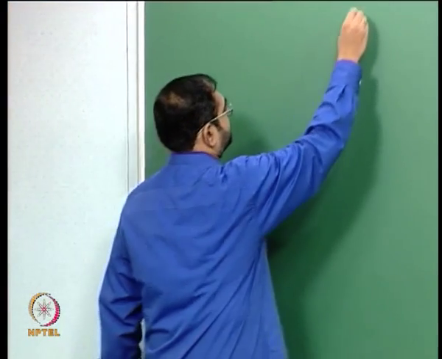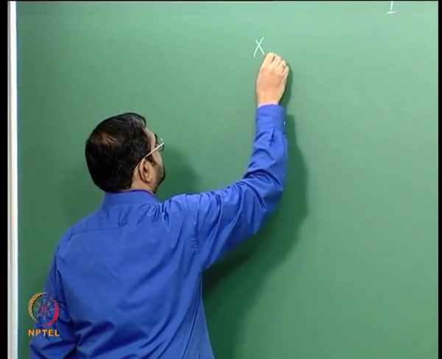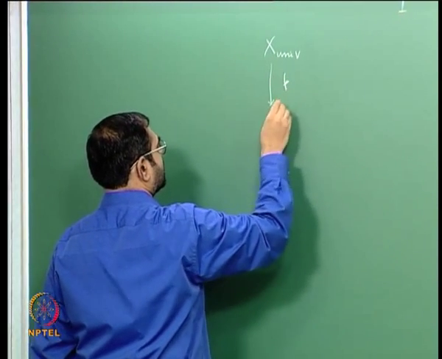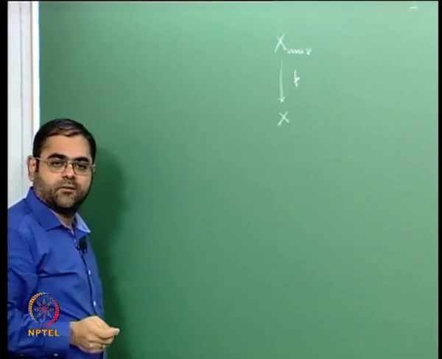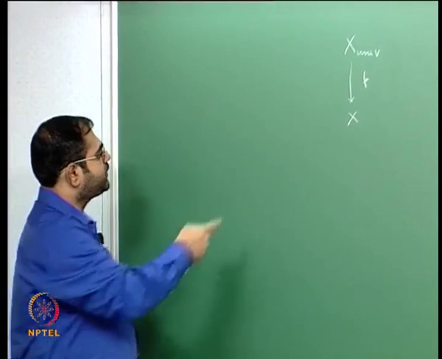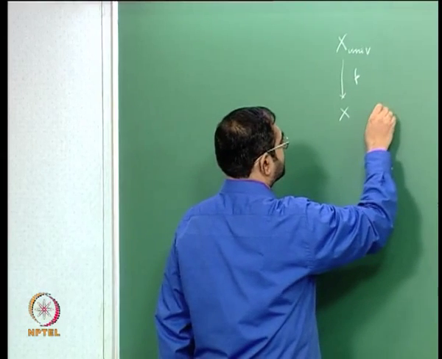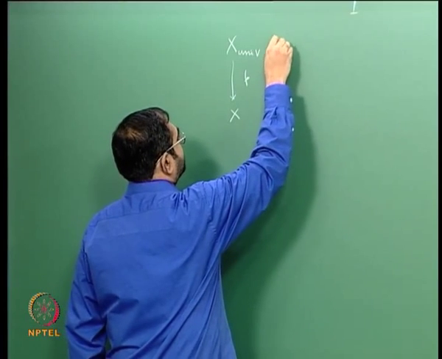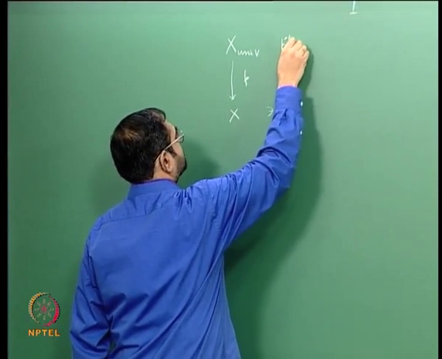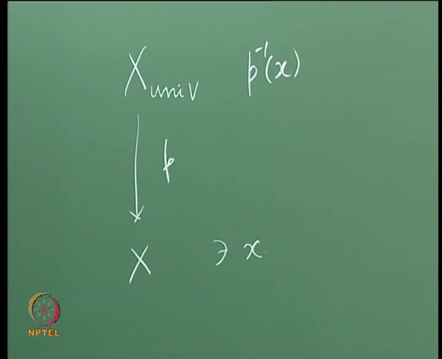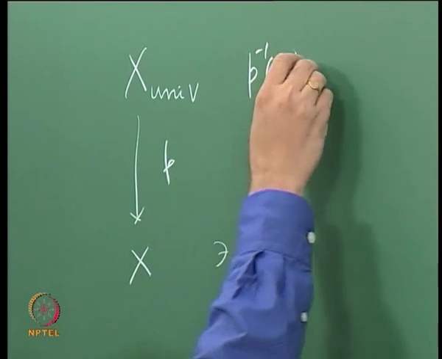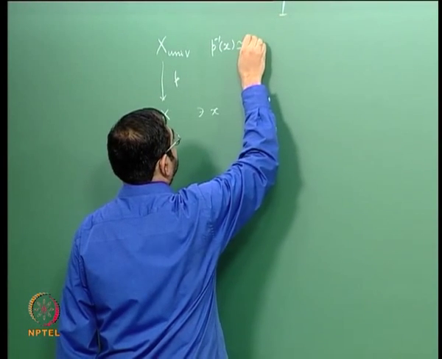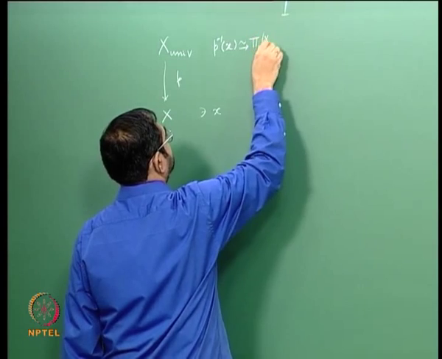So if X universal is the universal cover for the topological space X, then I told you that given a point small x in capital X, the fiber P inverse of x, namely the set of all points which are mapped to x under P, is canonically, which means naturally, bijective to the fundamental group of capital X based at small x.